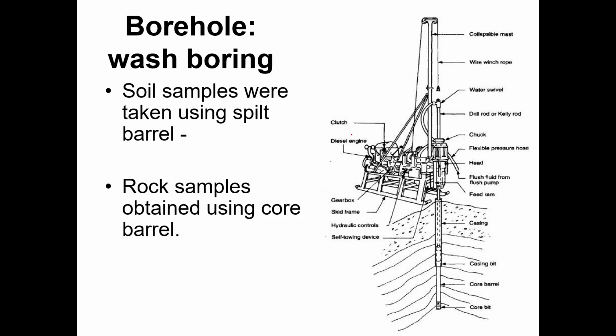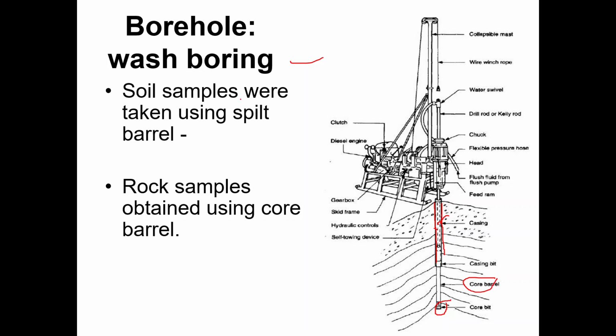Okay, this is a machine that we use for borehole drilling. Normally we use a wash boring machine, which we install. We have to put casing on that to prevent collapse of the soil into this hole, and then we have a core bit to drill rocks, the core barrel.